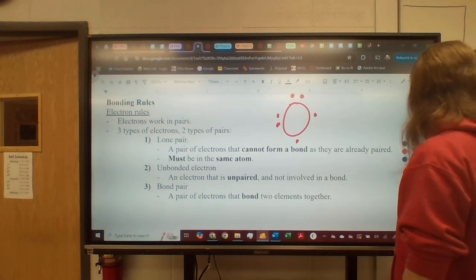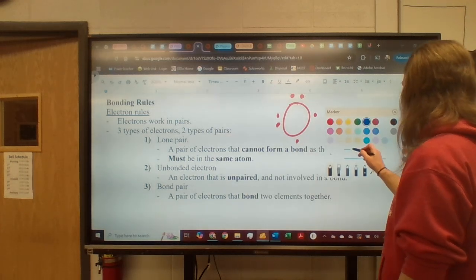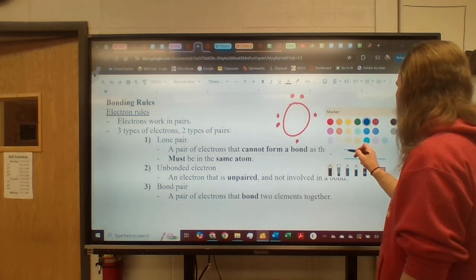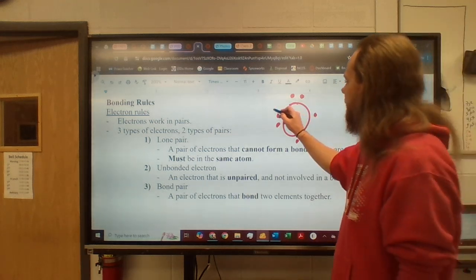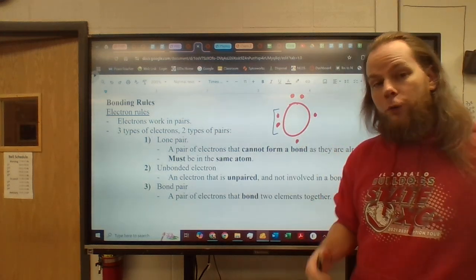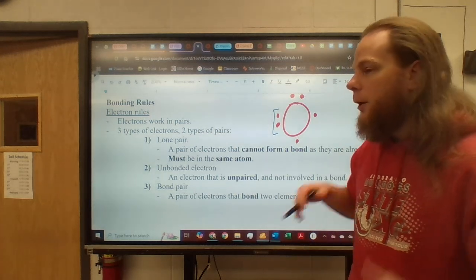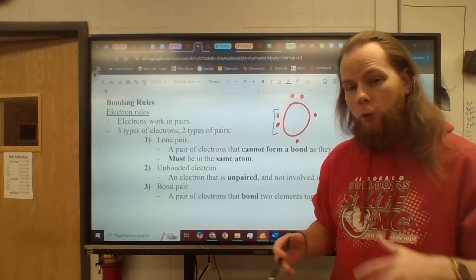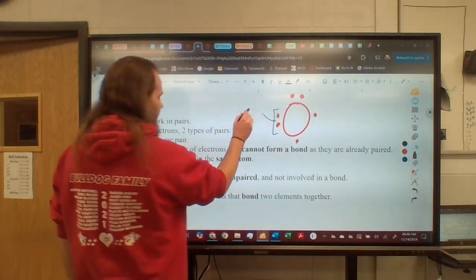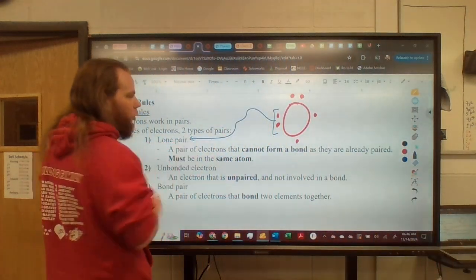Okay, so we have here a couple of different kinds of electrons. These ones here are your lone pairs. They are electrons in the valence shell that are already paired up. Okay, so these are your lone pairs.